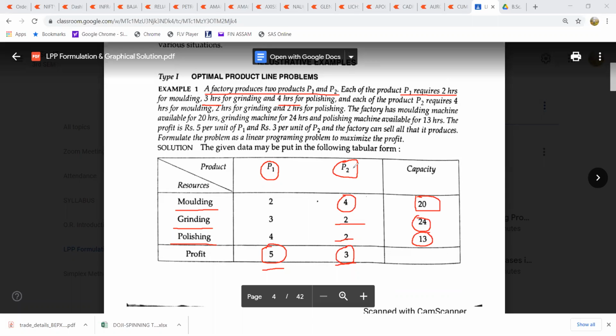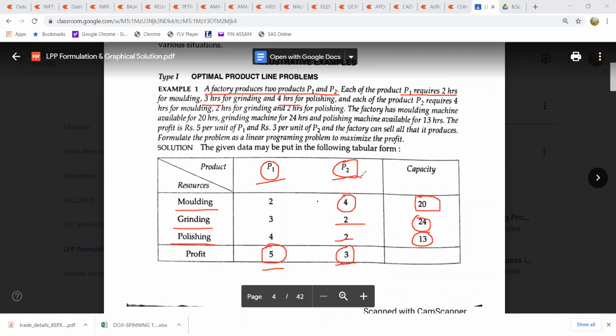In order to maximize the profit, we need to manufacture the products P1 and P2 in such a way that the profit of the company becomes higher. That means, how much quantity of P1 and how much quantity of P2 should the company manufacture so that the profit is maximum?